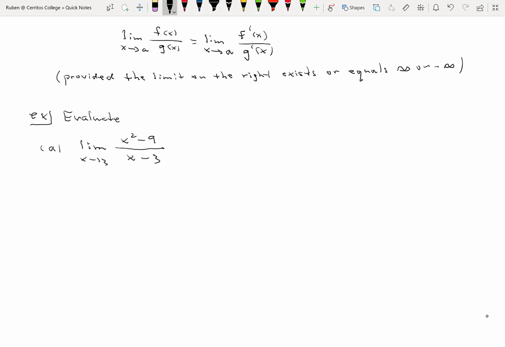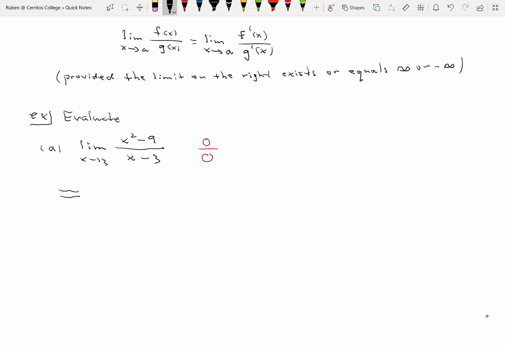It could really ruin you. With these problems, don't skip the step of determining that the form is indeterminate. So you first determine, is the form indeterminate? Well, as x approaches 3, x squared minus 9 approaches 0, and x minus 3 approaches 0. So this is indeterminate. Once we determine that we have one of these two indeterminate forms, either 0 over 0 or infinity over infinity, we can apply L'Hopital's rule.